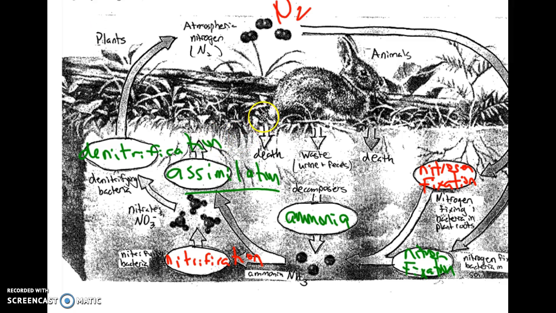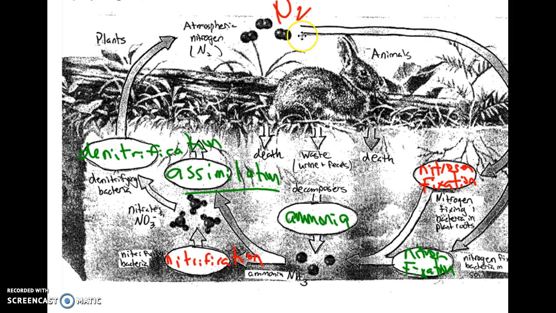And lastly, the nitrogen cycle. Really important cycle. That's probably the one that you struggle with the most in understanding what's going on. In the atmosphere, nitrogen exists as N2 gas. It's the most abundant substance in the atmosphere. 70% or greater of the atmosphere is nitrogen gas.